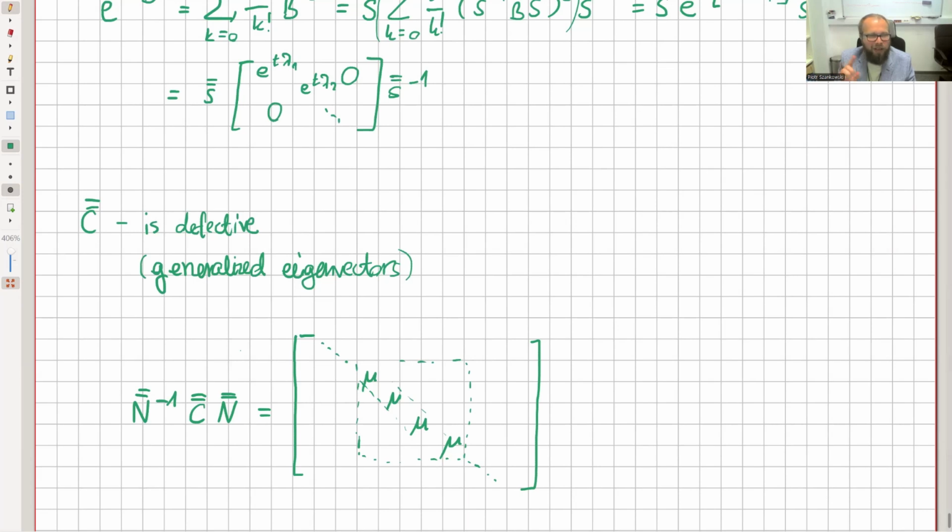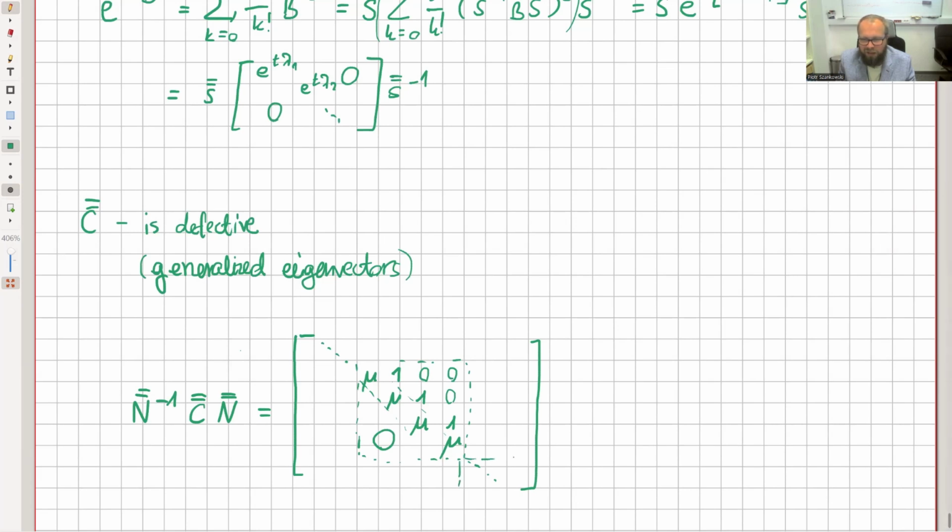And then on the superdiagonal, one band above the diagonal, you have ones. So one here, one here, one here, and 0 here.